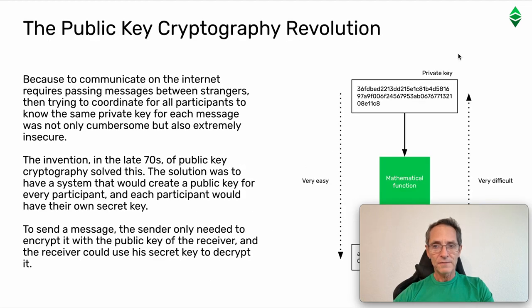The public key cryptography revolution. Because communicating on the internet requires passing messages between strangers, trying to coordinate for all participants to know the same private key for each message was not only cumbersome but also extremely insecure. The invention in the late 70s of public key cryptography solved this.